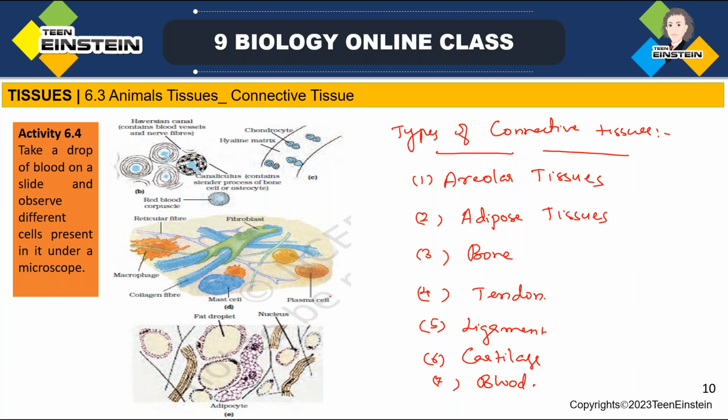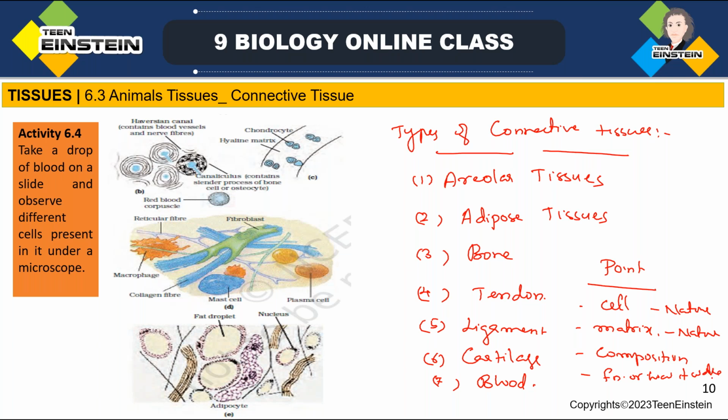While explaining, first you need to tell about the nature of the cell. These are the important points you need to write: cell, nature of cell, then matrix, nature of matrix, then composition of that matrix, then the function or how it works. These are the main things to remember while writing.